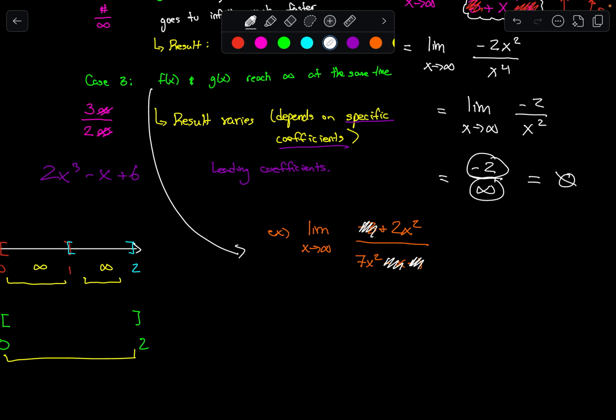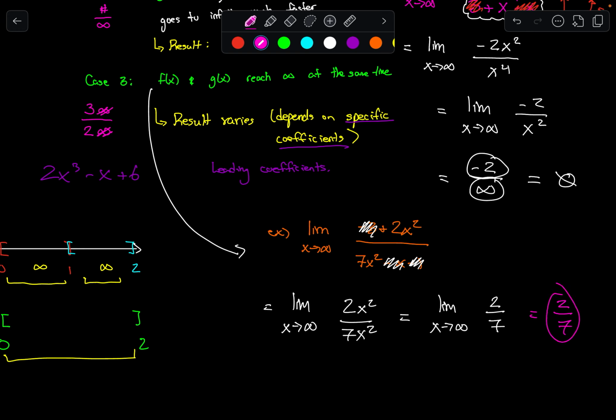Once we scratch these out, we get the limit as x approaches infinity of 2x squared over 7x squared. And this is just the limit as x approaches infinity of 2 over 7, because all these x's canceled out. Now we can evaluate it. Well, there are no x's to plug into, so there's our answer.